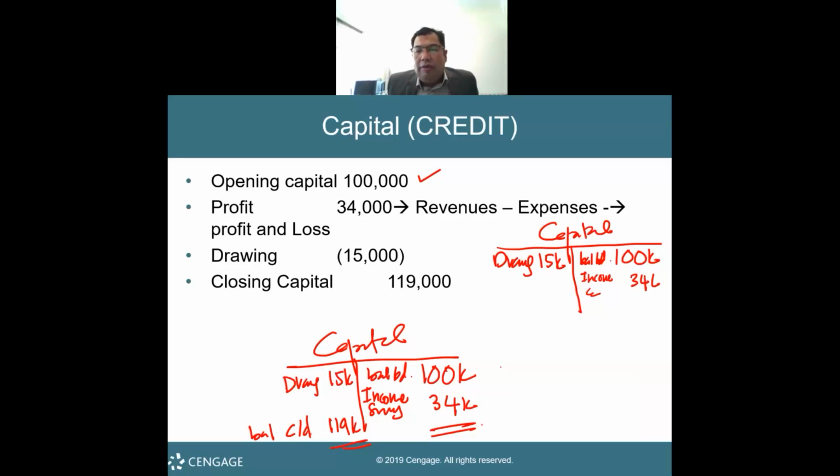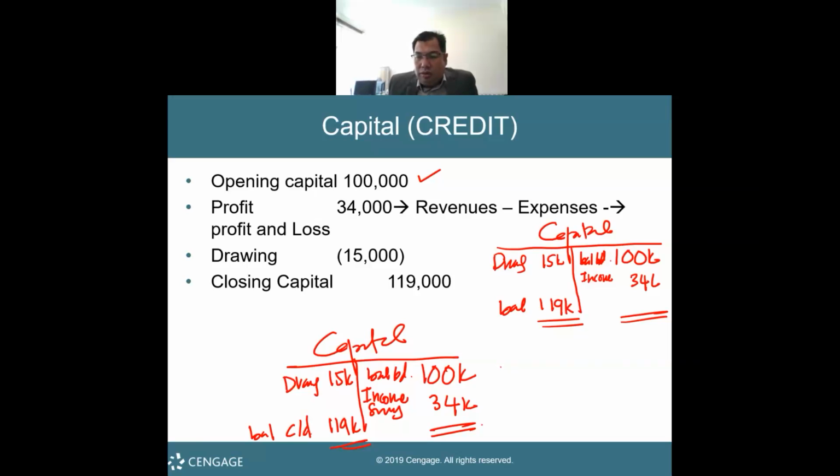Please imagine, if you don't have drawing, what happens to your capital? The balance of capital will be 134,000, much greater. Your capital has increased from 100,000 to 134,000. But we have drawing here, 15,000. So the capital balance now is 119,000.